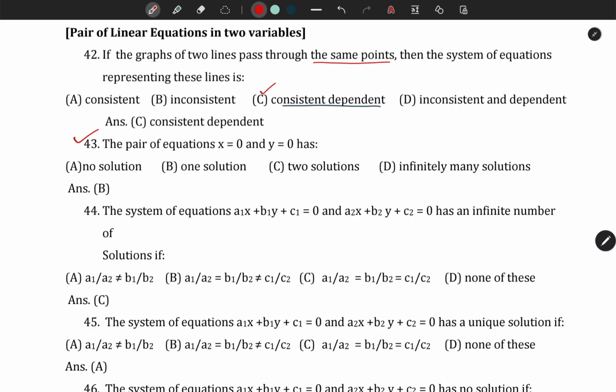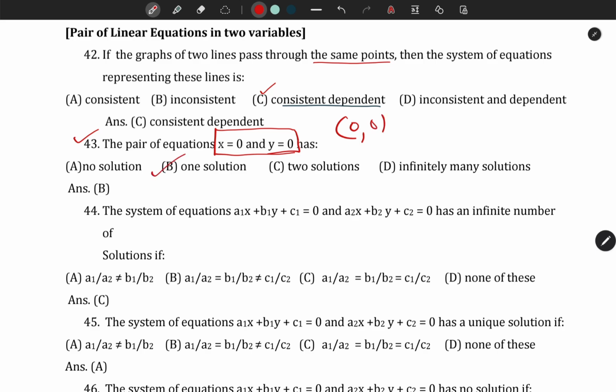Next question, the pair of equations x equals to 0 and y equals to 0 has, now whenever you get this type of questions, remember this itself is the solution. So it has a solution which is x equals to 0 and y equals to 0. So it has one solution.